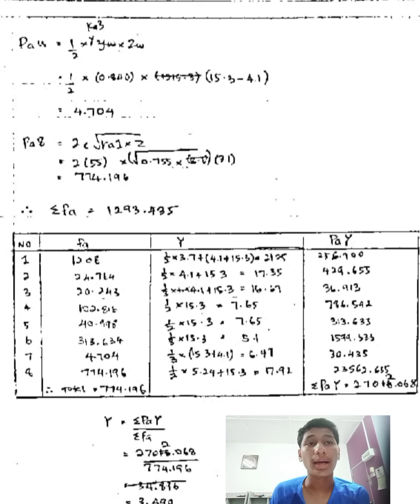To get PA gamma, the answer from PA and Y, PA times Y, so we will get the total of PAY, and total PAY per total PA, we will get the answer, where 3.490.